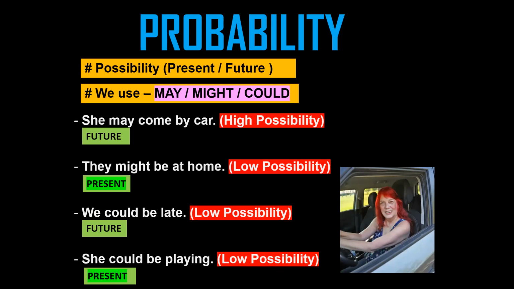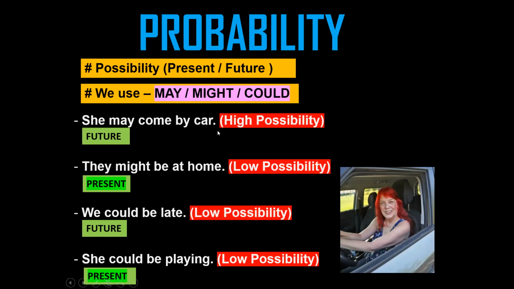So just remember this: high possibility and low possibility. They are the 2 types of possibilities. If the possibility is very high, then you have to use may in present. And if the possibility is very low, then you have to use might. And if the possibility is very low but you're talking about the future, then you can use could, or if you use might, that is also okay.